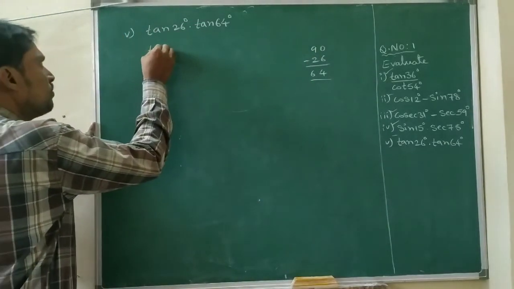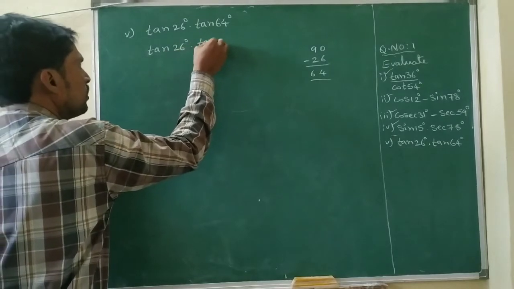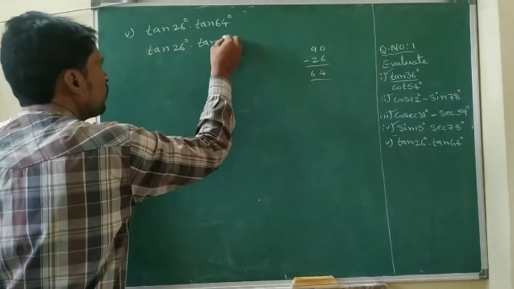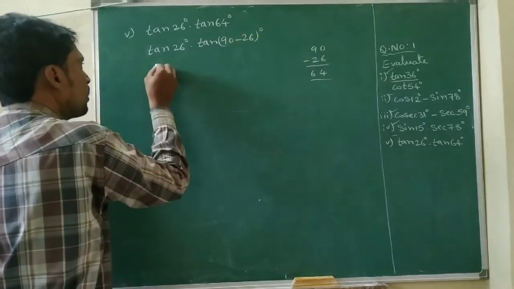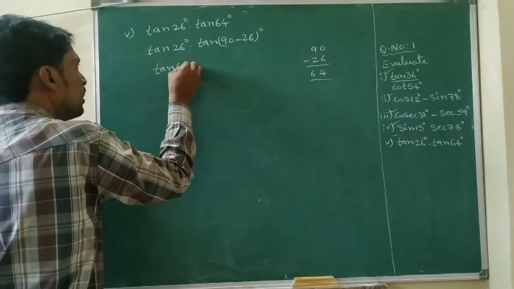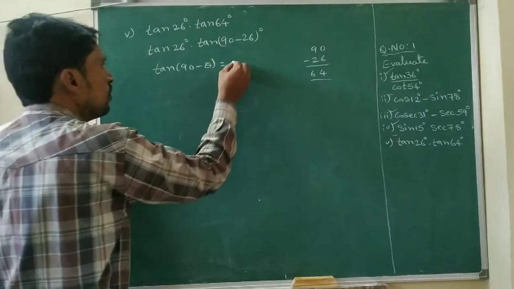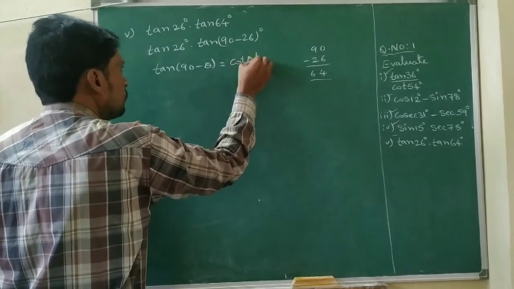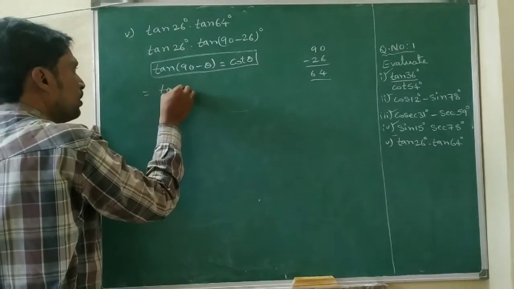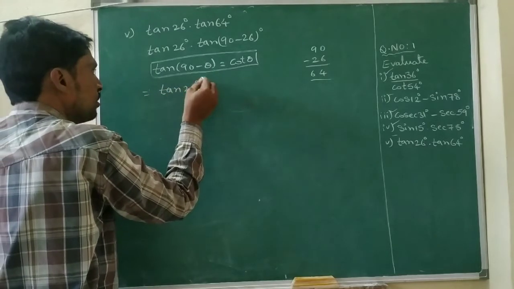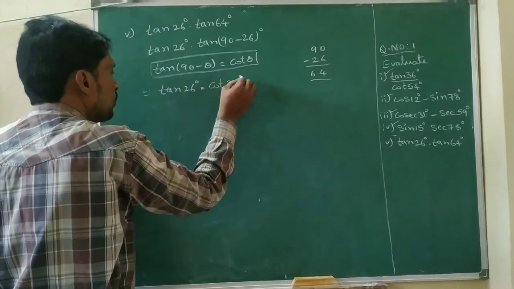So tan 26 degrees as it is into tan (90 minus 26) degrees. It is of the form tan (90 minus theta), whose value is cot theta. So tan 26 degrees into cot 26 degrees.